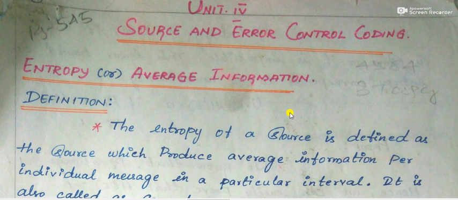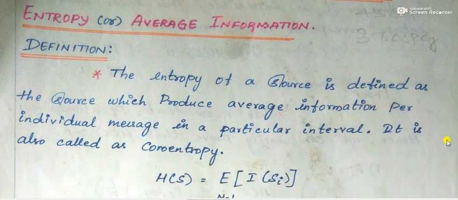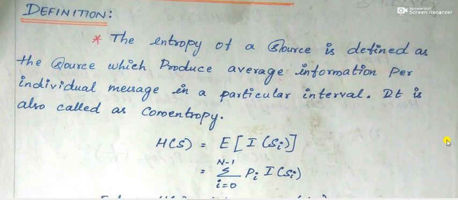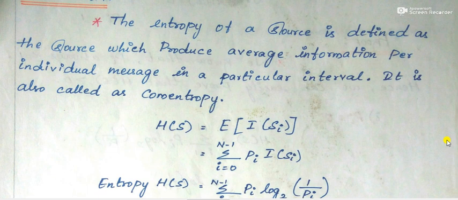First, we are going to see about entropy, or average information. Here is the definition of entropy. The entropy of a source is defined as the average information per individual message produced by the source in a particular interval.